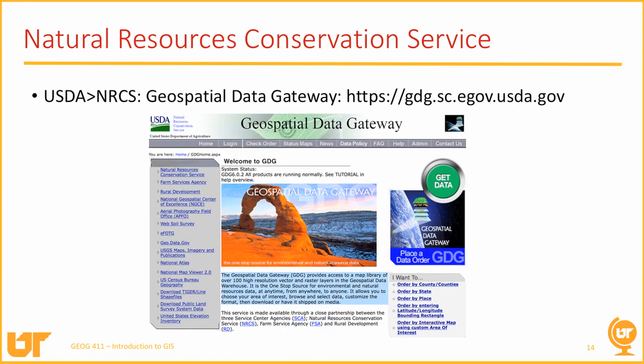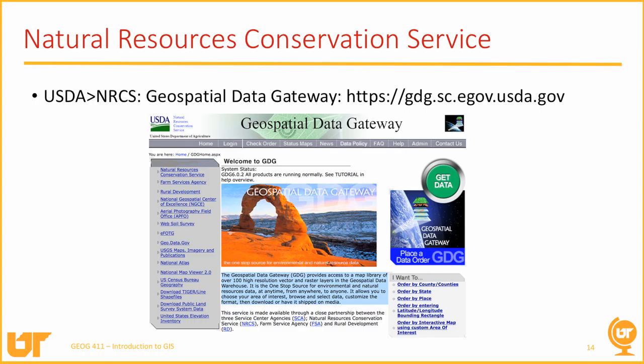Environmental and natural resources data at the Natural Resources Conservation Service. The Geospatial Data Gateway from the USDA Natural Resources Conservation Service provides access to a map library of over 100 high-resolution vector and raster layers in the Geospatial Data Warehouse.